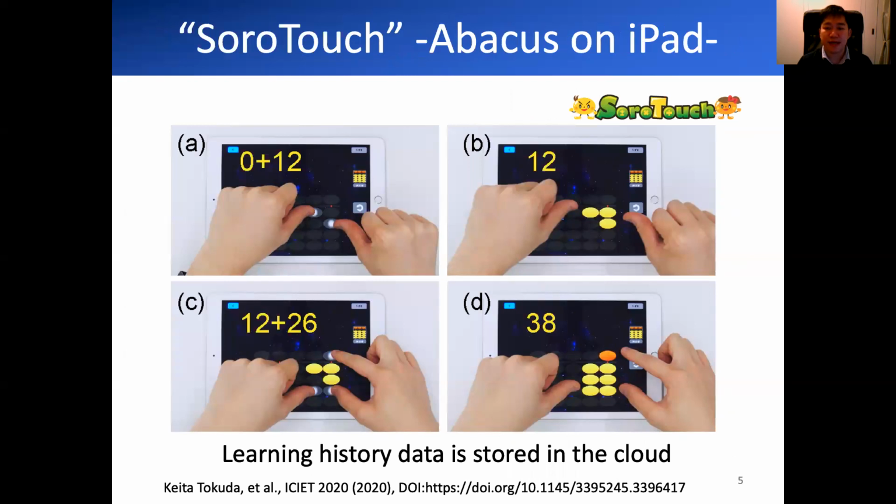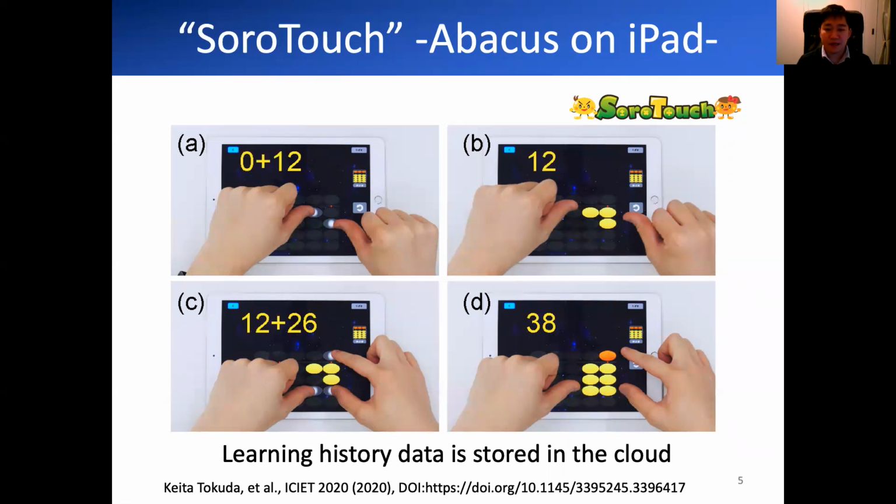One of the reasons that has hindered the data-driven approach in education is the lack of large data. We have previously reported an educational system developed by DIGICA called SoroTouch, which enables learning abacus-based calculation on iPad. As you can see, a student can conduct abacus-like calculation on SoroTouch by changing the position of the beads on the touchscreen.